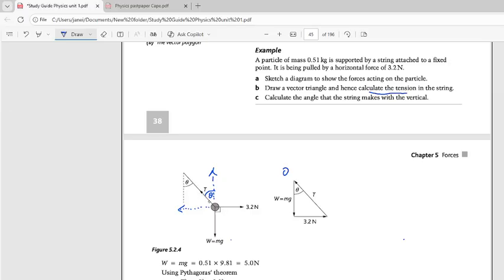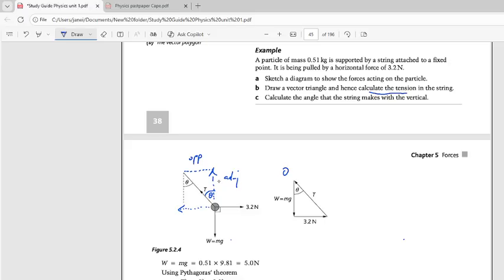Although T is heading this way, I can have a horizontal component for T, and I can have a vertical component for T. Since they want me to find T, I'm gonna use this plane, the upward and downward. But I need to know if I'm gonna use sine or cos. So I'm gonna complete this and draw a right angle triangle. This would have been my opposite, and this would have been my adjacent.